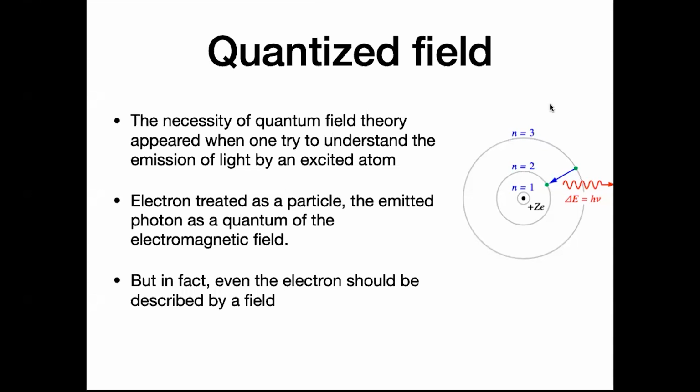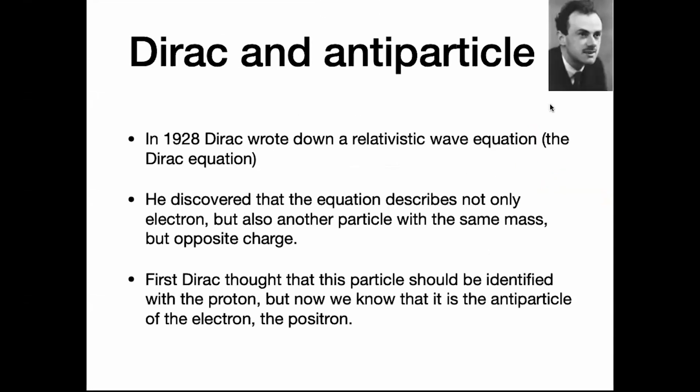But in fact, very soon people realized that even the electrons have to be treated as a field in a more complete theory of nature. And that comes with the work of Dirac.